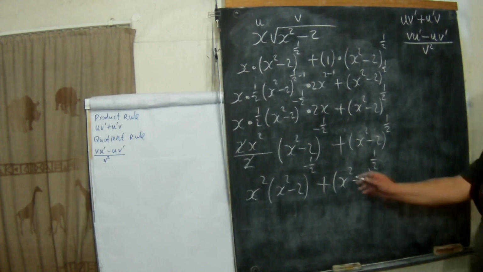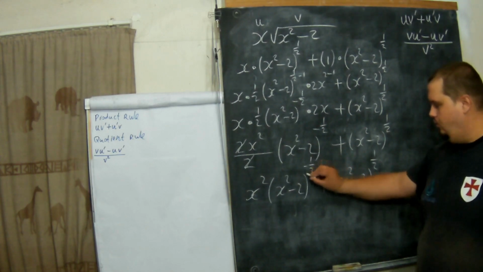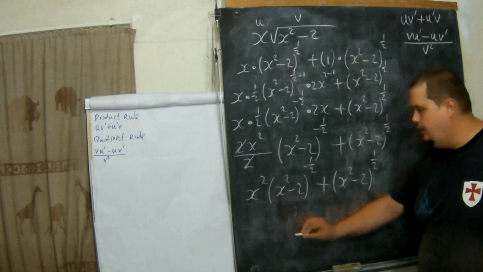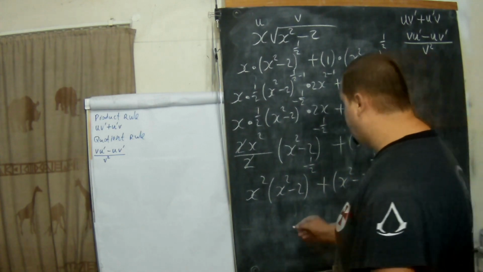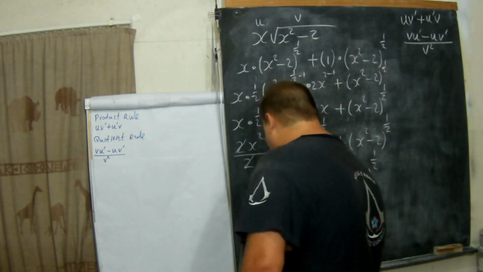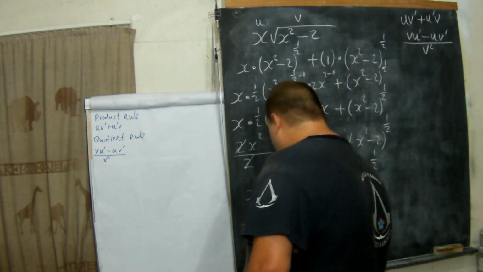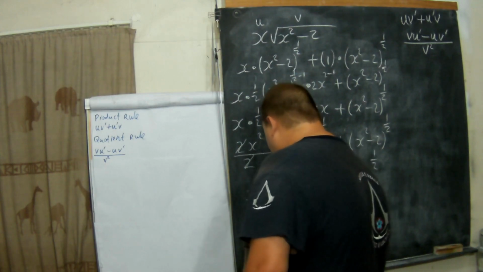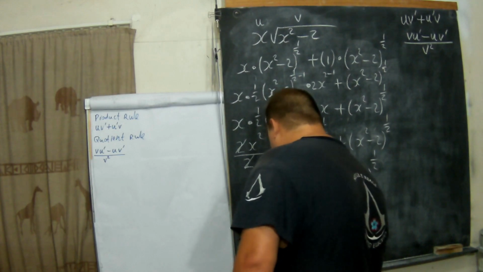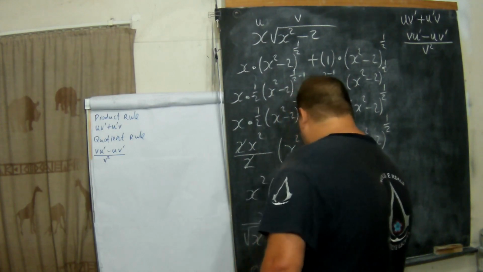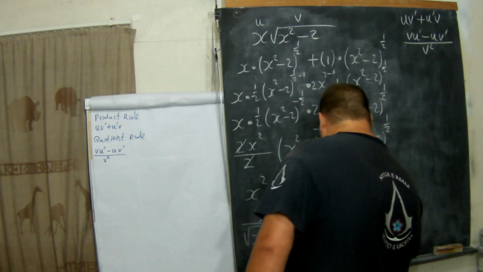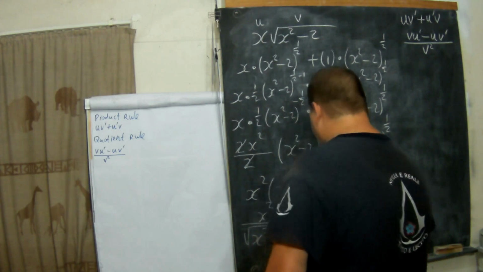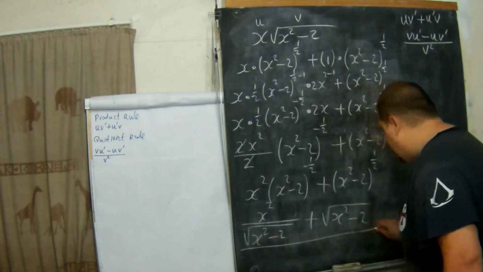Now, because we have a negative exponent, we have to bring that down because we never want a negative exponent ever. So we have x squared over the root of x squared minus 2, plus the root of x squared minus 2. And that is our final answer.